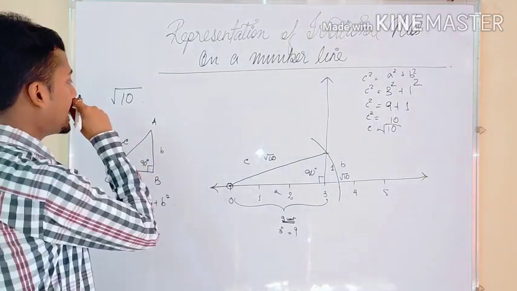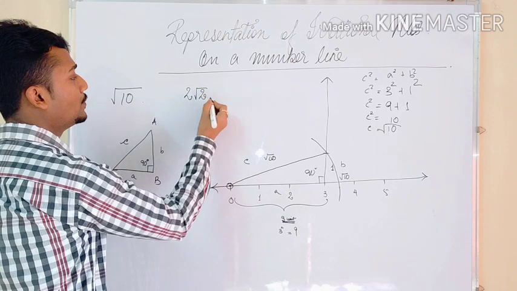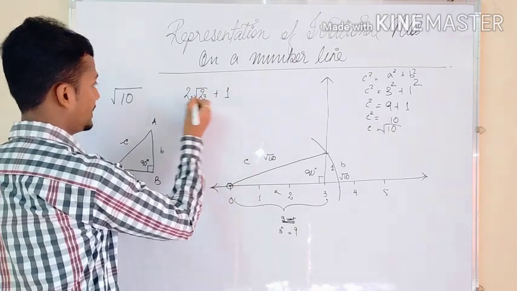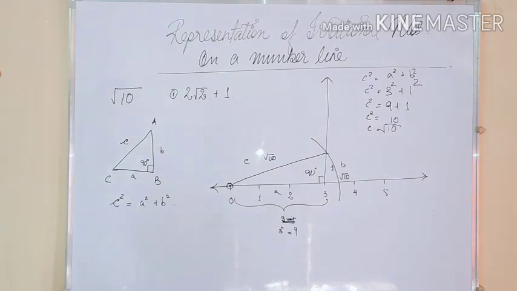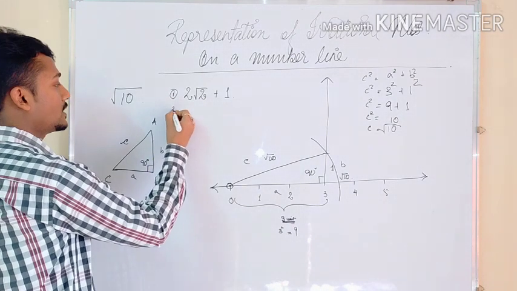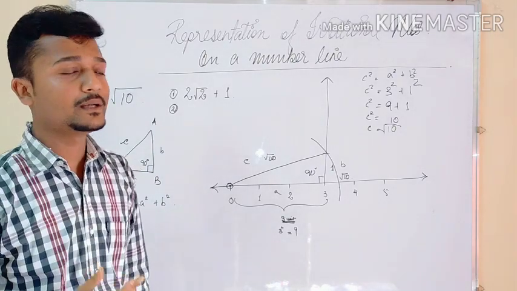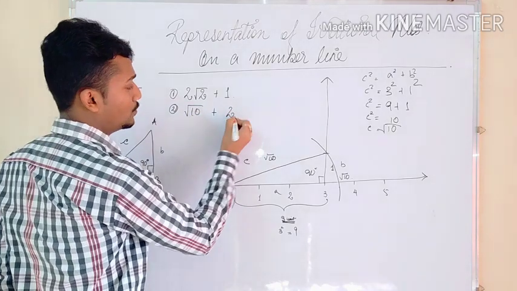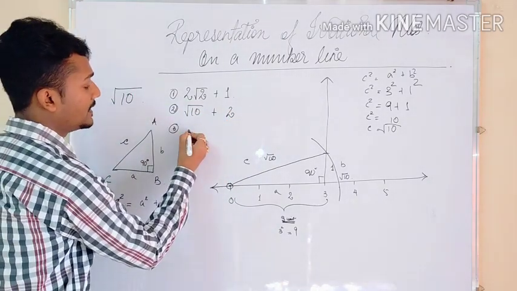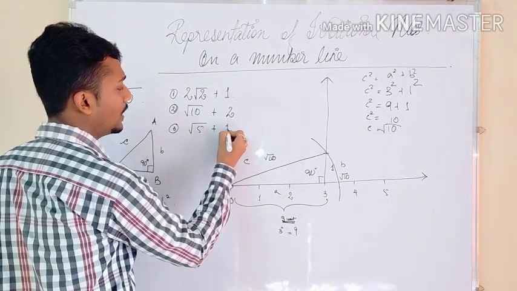Now you have to try certain questions at home. Number 1: 2 root 2 plus 1. These questions are not at all difficult. You have to just develop reasoning ability, how to understand. Root over 10 plus 2. Then root over 5 plus 1.